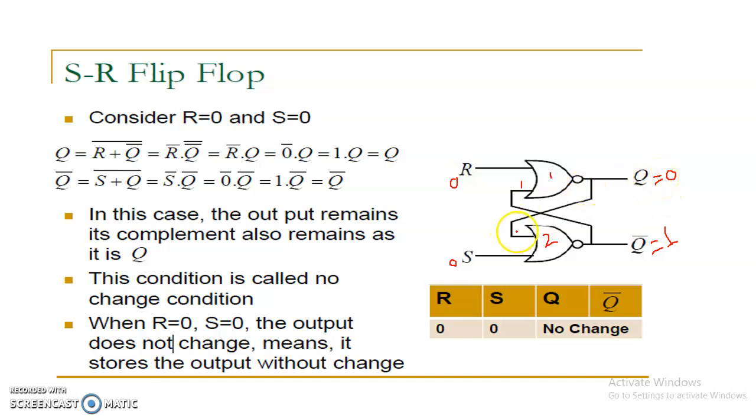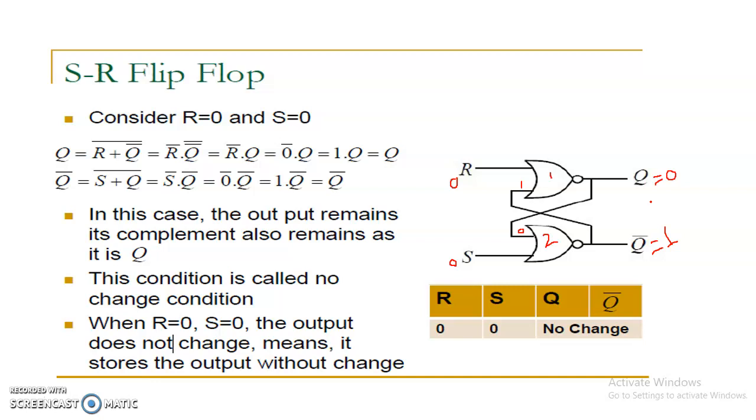Now the 0 output is going to gate number 2. So in gate number 2, both my inputs are 0, 0. So gate number 2 output will be 1, because with a NOR gate, both inputs 0 gives me output 1. So I checked all the combinations and I come to know that I assumed Q was 0 and I am getting Q bar as 1 and Q the same value when S and R both are 0, 0.